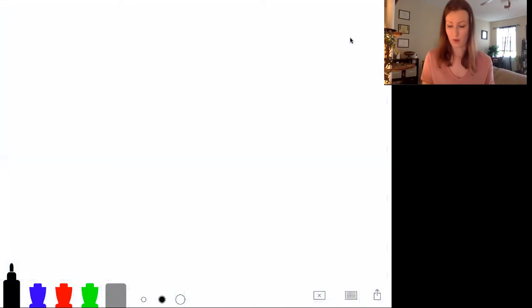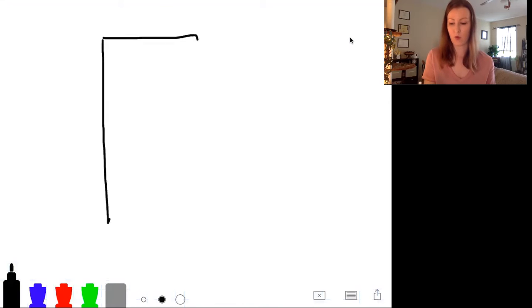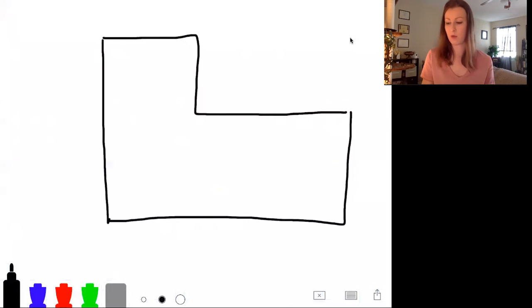So let's go ahead and go back to blank. And now we're going to do the area of an irregular shape. This is when it gets a little bit more confusing.